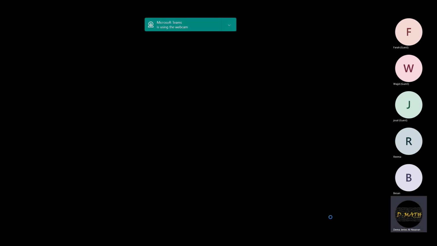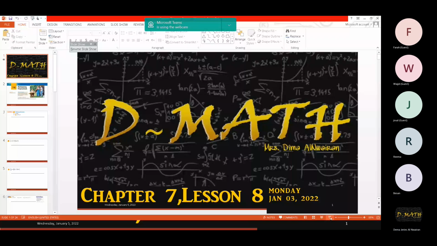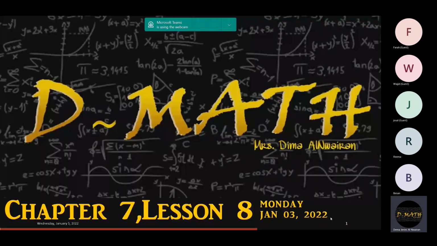Today we're going to continue lesson 8 in chapter 7, which is about multiplying polynomials. Yesterday we started this lesson and said that before multiplying polynomials, we have to learn how to multiply monomials. First you multiply the constants, then you multiply the variables.